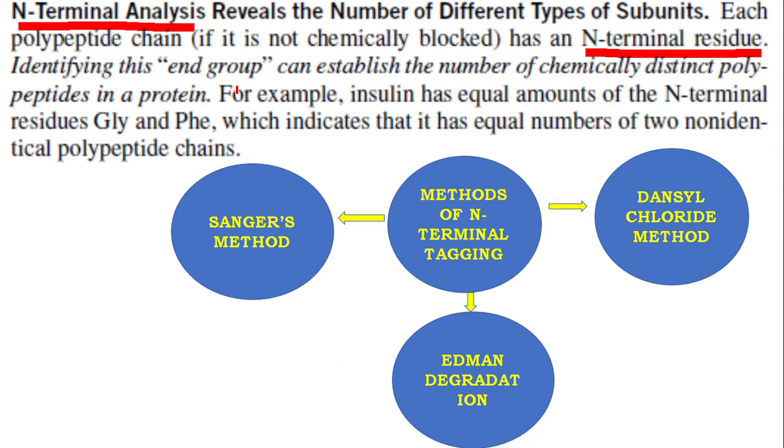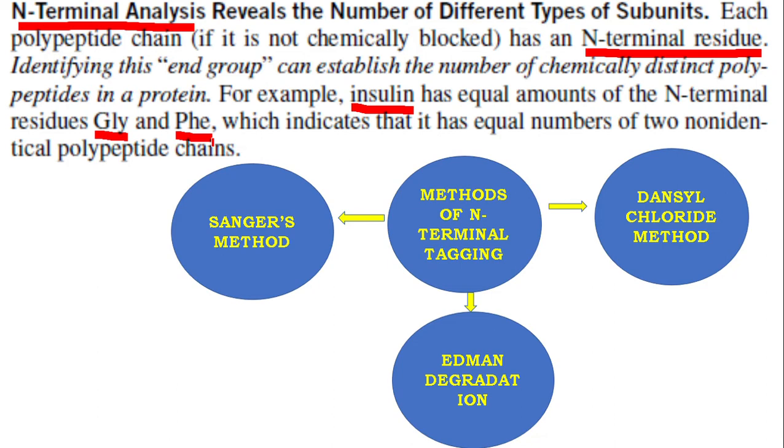Point 2: sequencing of the amino acids of a smaller peptide is actually done by identifying the N-terminal amino acids. For example, take the case of insulin. Insulin, when studied by the researchers, was found to have equal amounts of glycine and phenylalanine at the amino terminals.